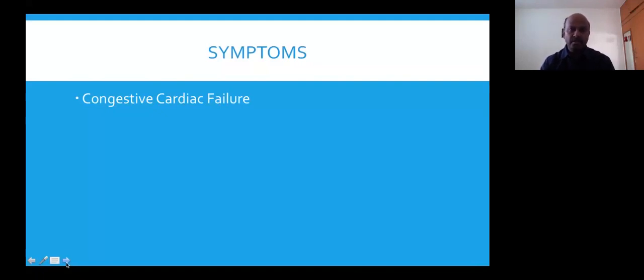Now, what determines the shunt across the ductus arteriosus? What would determine the shunt across the ductus arteriosus? What determines the magnitude of the shunt? Pulmonary and systemic pressure. Yeah.